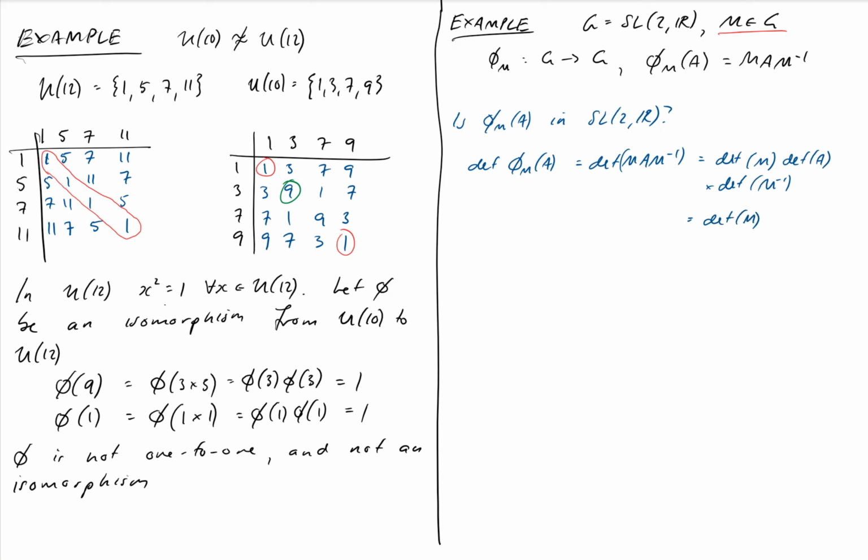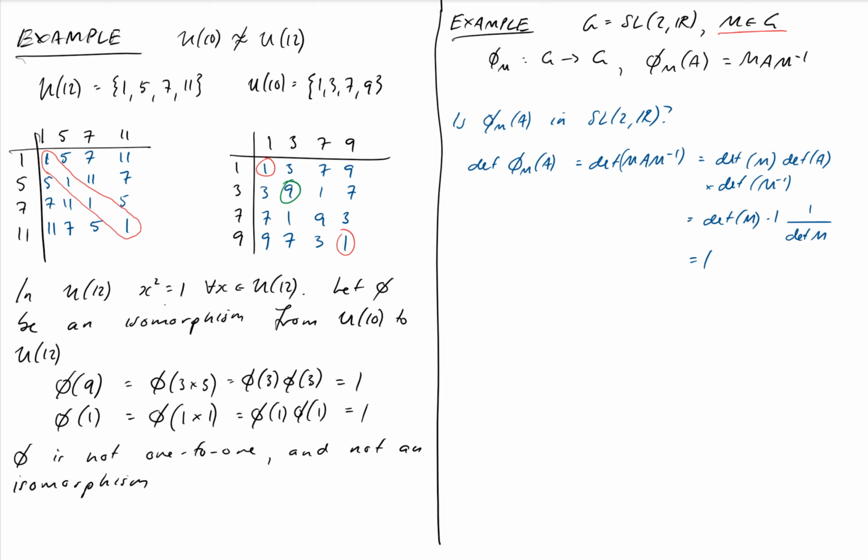A is in the special linear group, so it's got determinant 1. And then it's times 1 over the determinant of M for the determinant of the inverse, which equals 1. So first off, our matrix does indeed give us a matrix in SL2R. They're 2 by 2 invertible matrices with determinant 1. I may not have mentioned that before. So we have that our matrix is well defined, and our mapping does indeed take us where it claims to, so that's good. So we can move on to the next part.